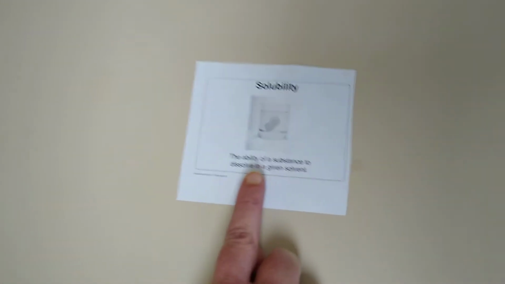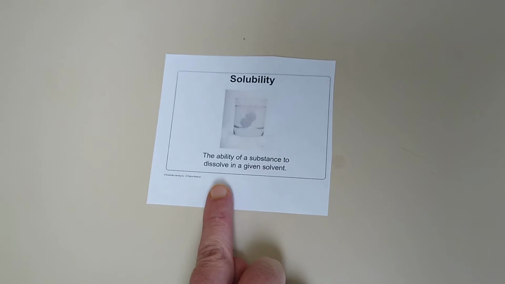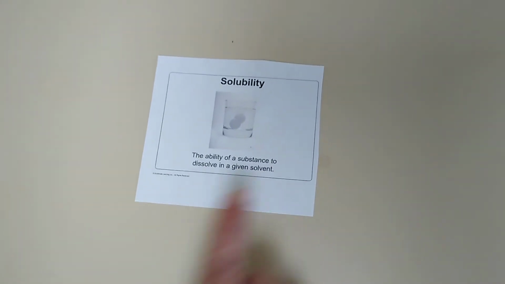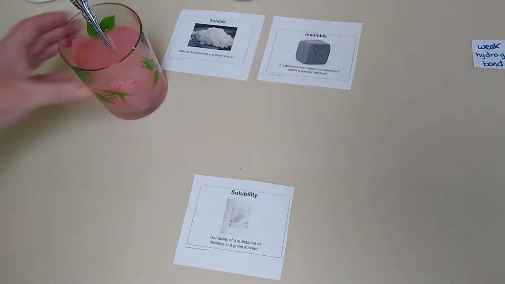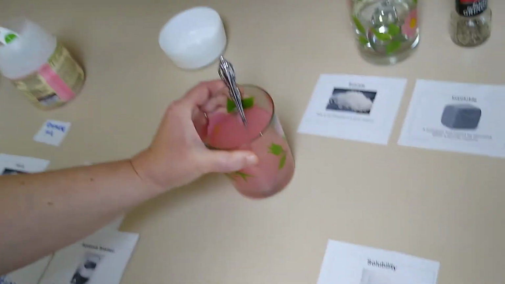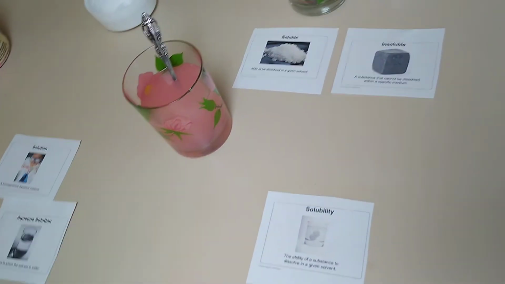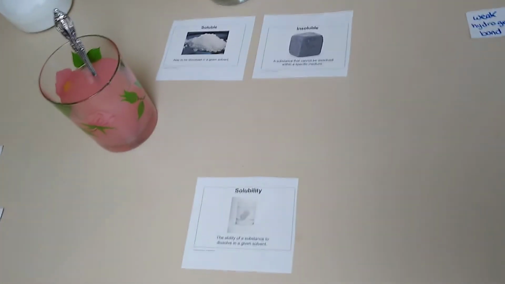Solubility, the ability of a substance to dissolve in a given solvent. So we mixed up the lemonade mix into the water, and now if we look on the bottom, you can see that it has all dissolved. It is all a liquid. There is no longer a solid present. The solid was dissolved.